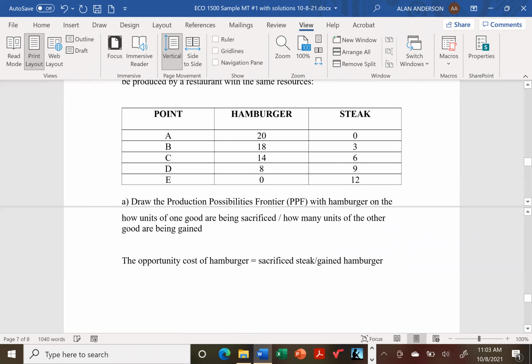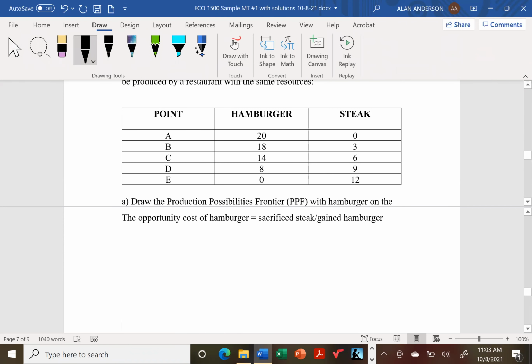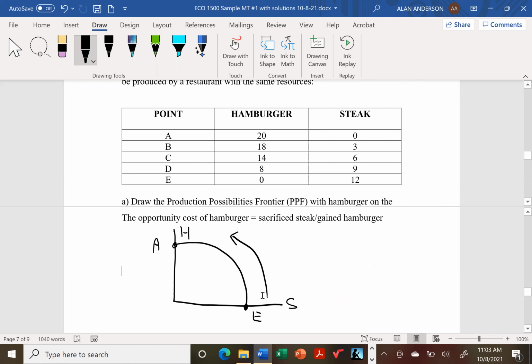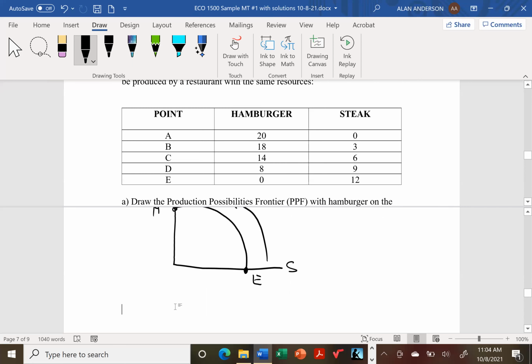Now, if we're gaining hamburger, that implies that we're starting at the bottom here in point E and working our way up to point A. So in order to be continuously gaining hamburgers, we have to start at E and move our way up towards A. Each time that we move from one point to the next, we're gaining burgers, but we're losing steaks.